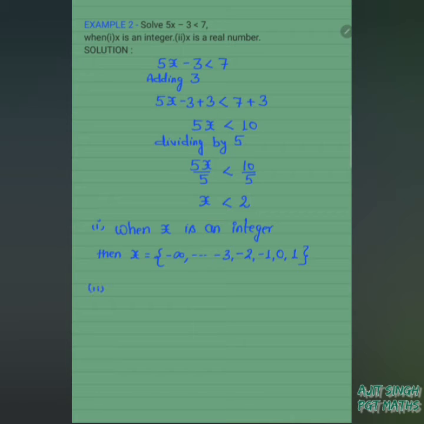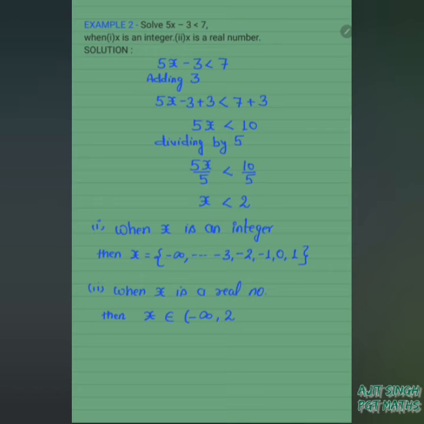Now the second case, when x is a real number. Everyone knows about the real numbers. The real numbers are natural numbers, negative numbers, positive numbers, fractions, decimals, etc. That is minus infinity to plus infinity. This is the set of real numbers. Then the value of x belongs to minus infinity to 2.